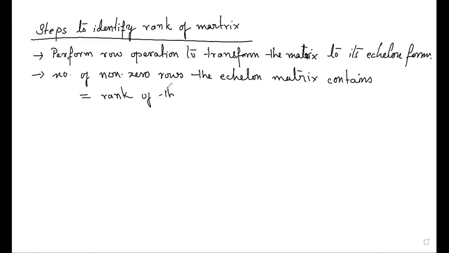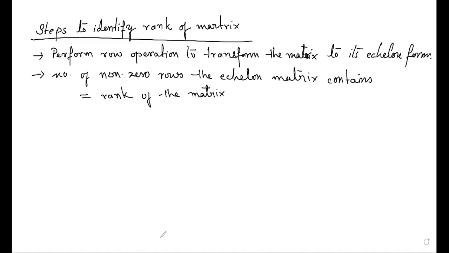So after obtaining the echelon matrix, the number of non-zero rows it contains is equal to the rank of the matrix. All right. Have you understood how we are going to move on? Right. So these two are the steps to identify the rank of a matrix.